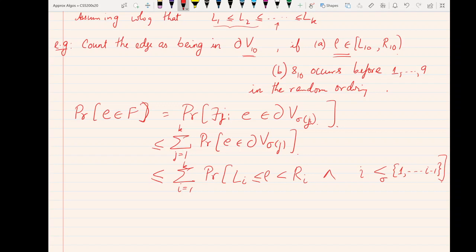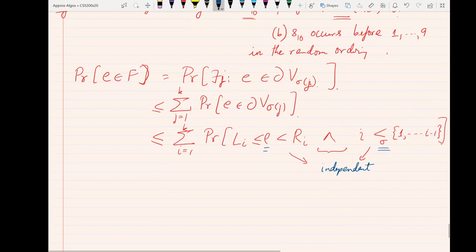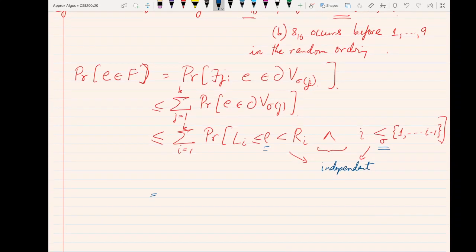Now at this point, you notice that these two events are independent because the step of drawing a random permutation was independent of the random radius that was chosen. Now I can just multiply these two.